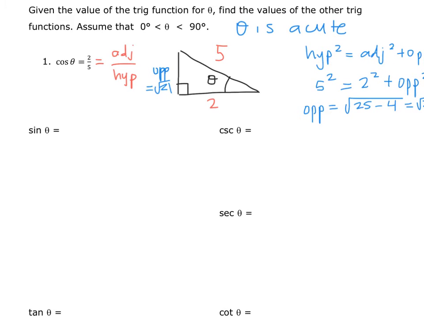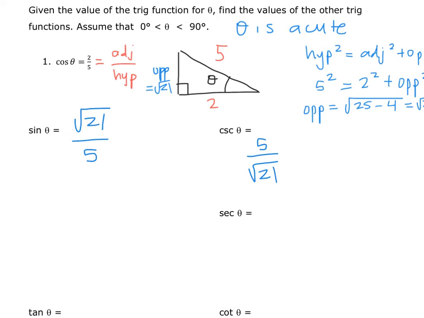All right, so the sine is opposite over hypotenuse, so that's going to be that square root of 21 that we just found over the hypotenuse of 5. Cosecant is the reciprocal, 5 over square root 21. Cosine was given to us, so we don't need to calculate that.